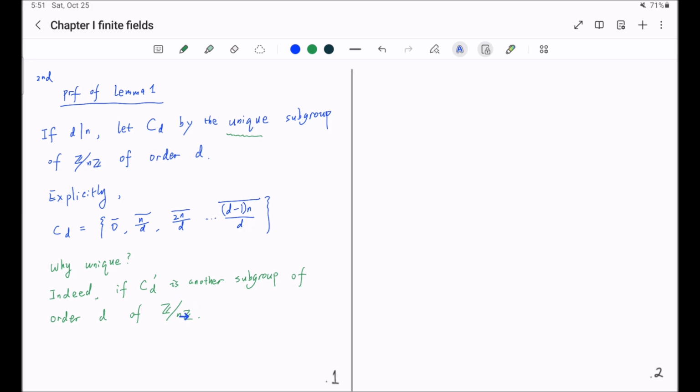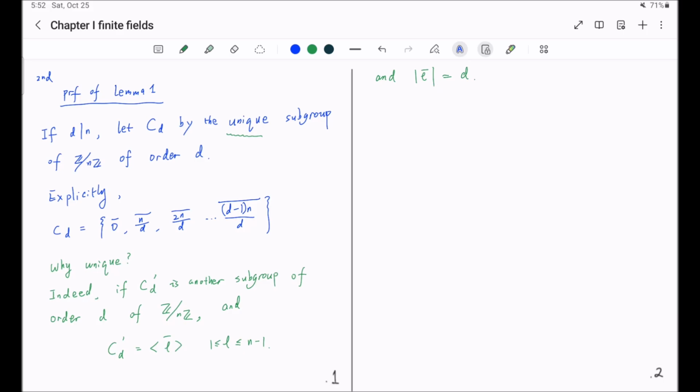from abstract algebra you know any subgroup of a cyclic group must also be cyclic. And we may assume C_d prime is generated by l. Here little l is between 1 and n minus 1. Now because C_d prime is also of order d, the order of its generator must be equal to d. So the order of l bar must be d.